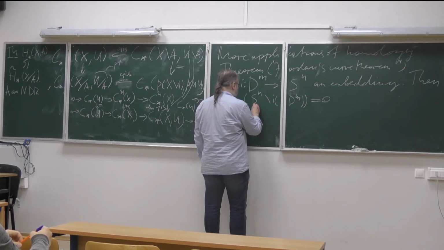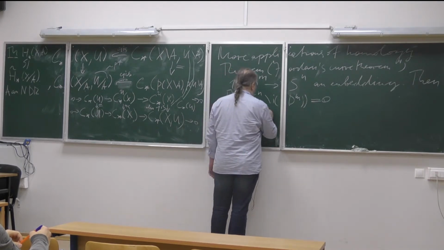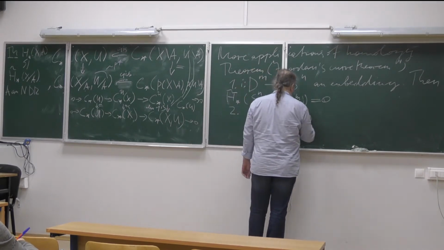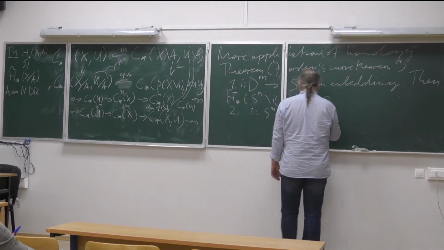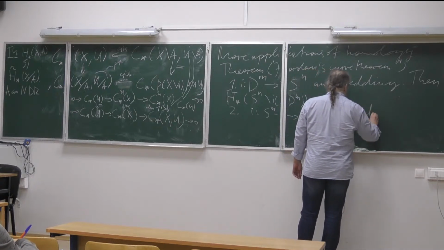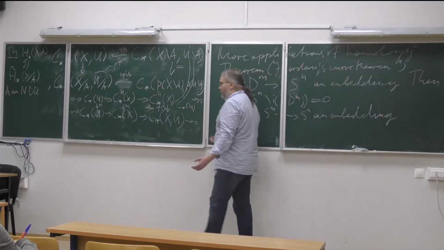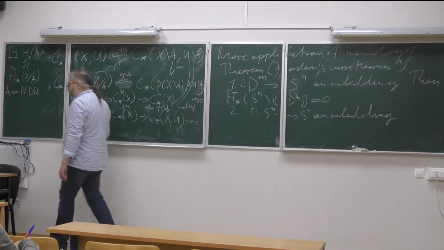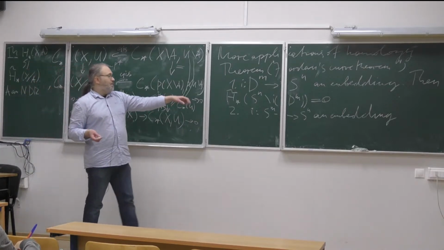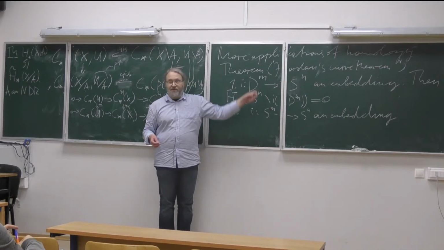So suppose we have I, an embedding of the, this time I take the m-sphere instead of the m-disk.